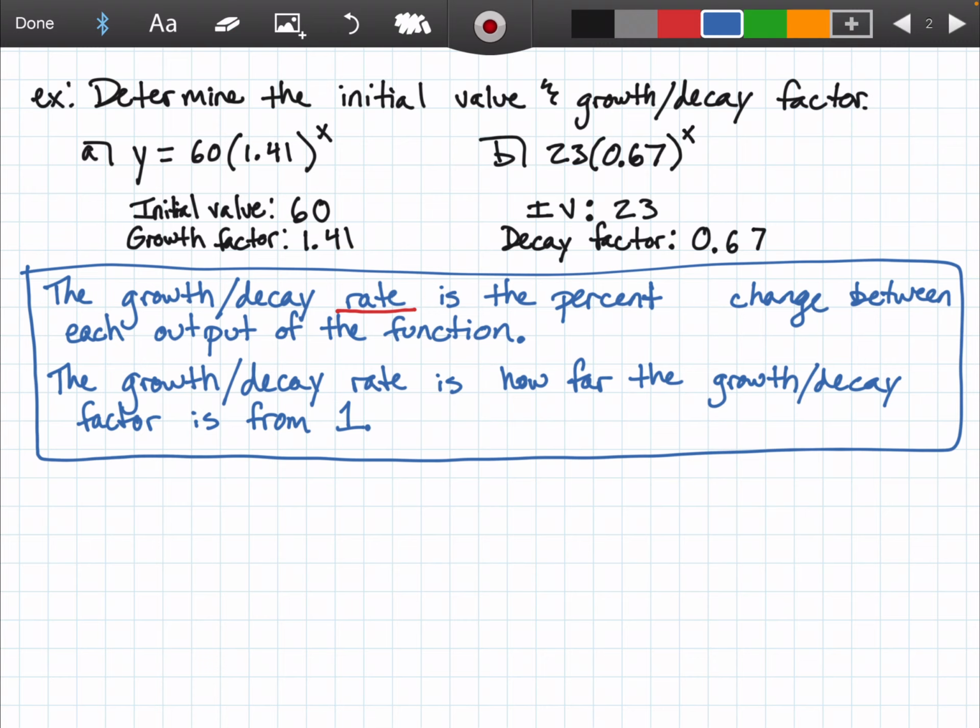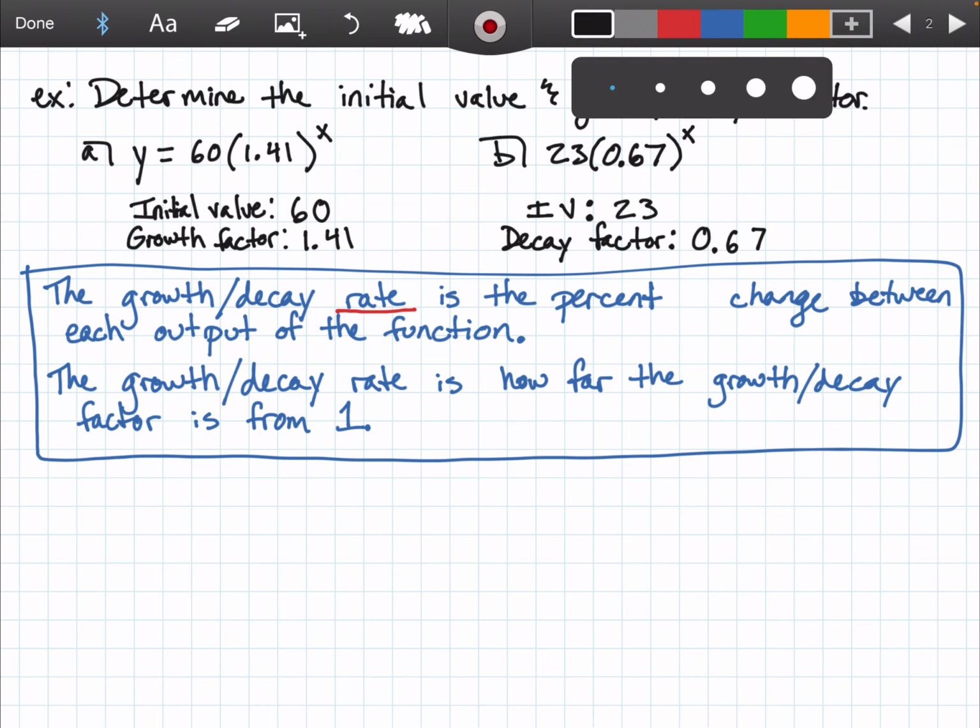All right, so we find the growth decay rate by how far the factor is from 1.